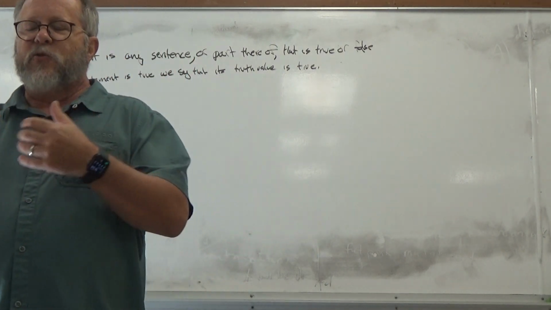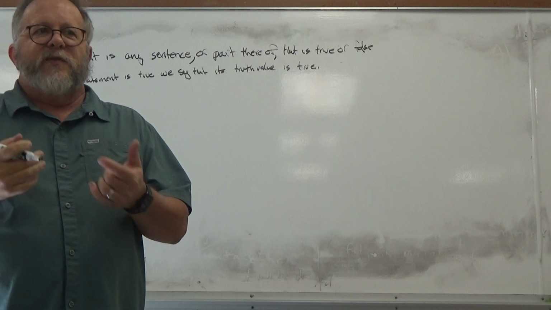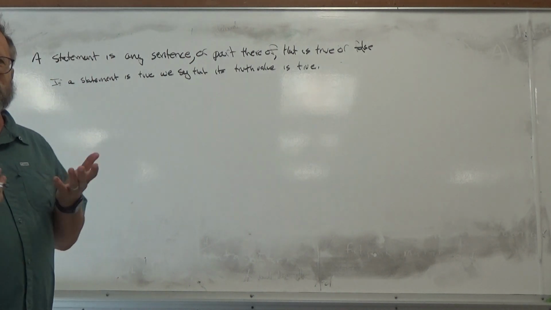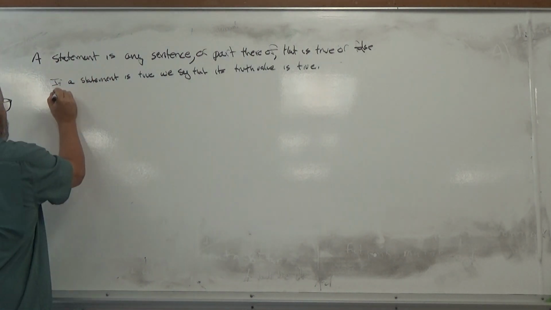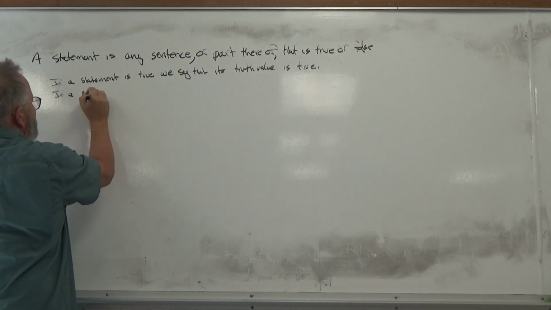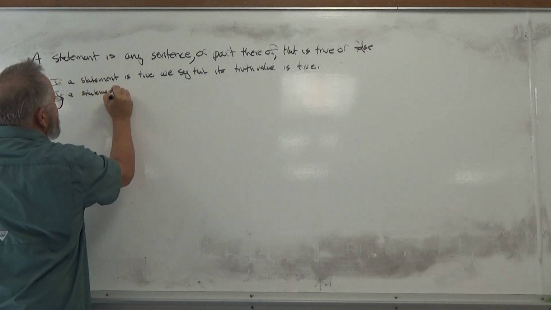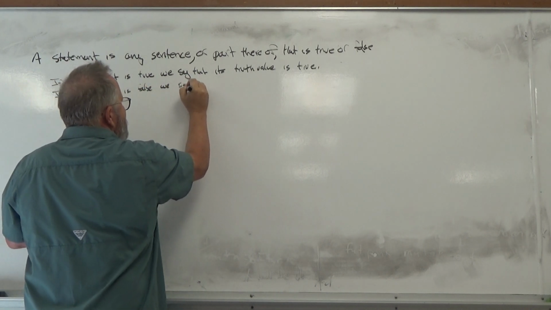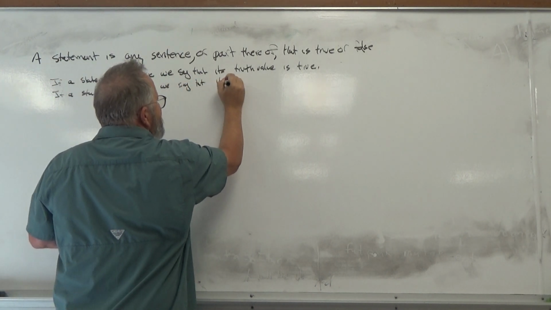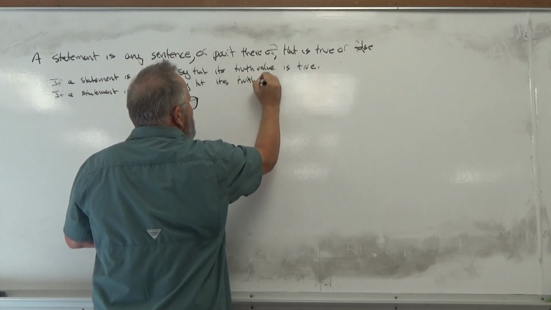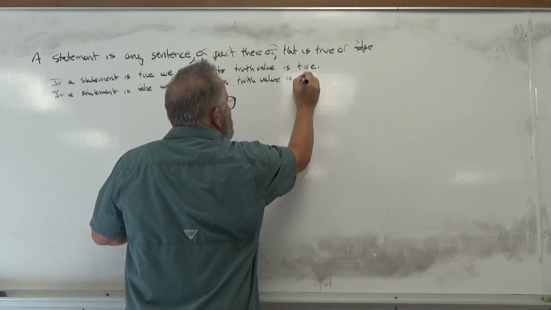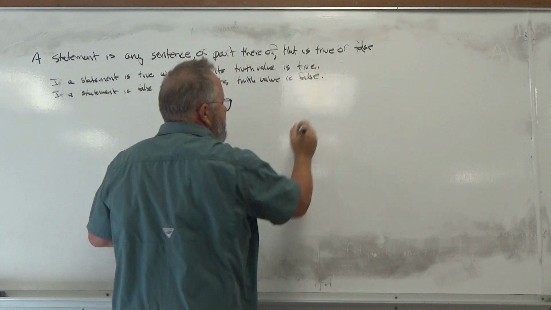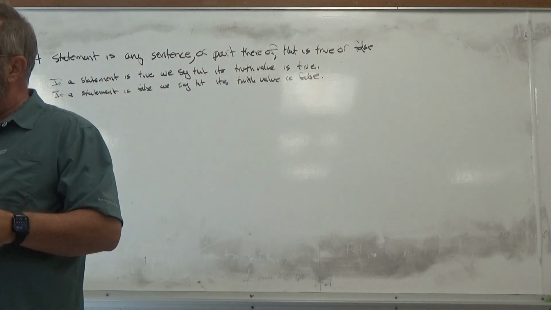If it's true, we say its truth value is true. And of course, if it's false, we say its truth value is false, okay? So if a statement is false, we say that its truth value is false. That's just the way that we talk about these things.